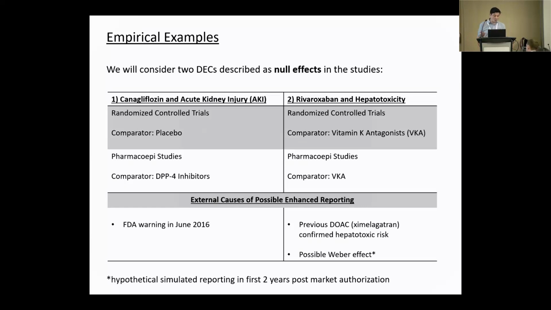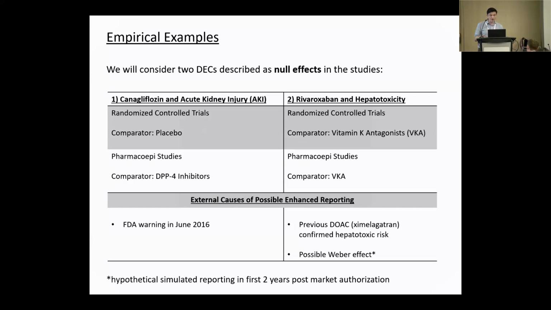But the other reason we picked these particular combinations is because there are potential external causes for enhanced reporting in their history. In 2016, the FDA issued a warning on canagliflozin and acute kidney injury. For the rivaroxaban combination, there was a previous oral anticoagulant therapy with a confirmed hepatotoxic risk prior to rivaroxaban's market authorization, which may have induced a Weber effect.